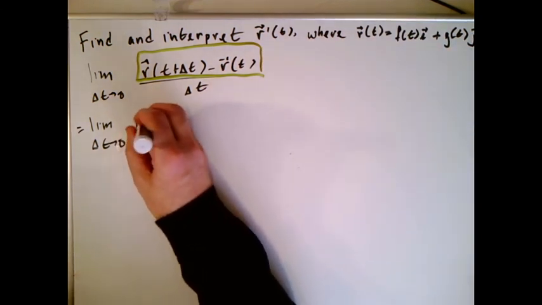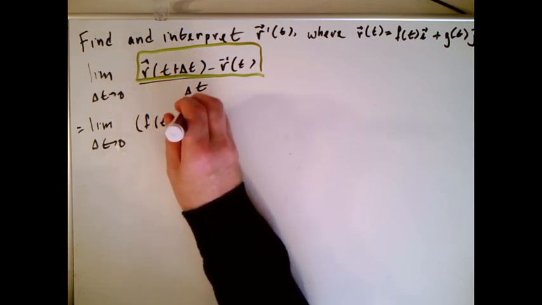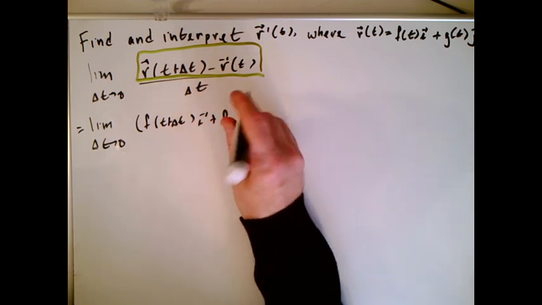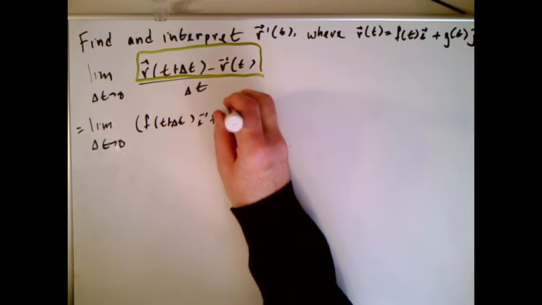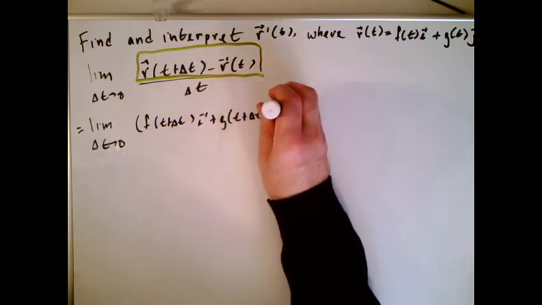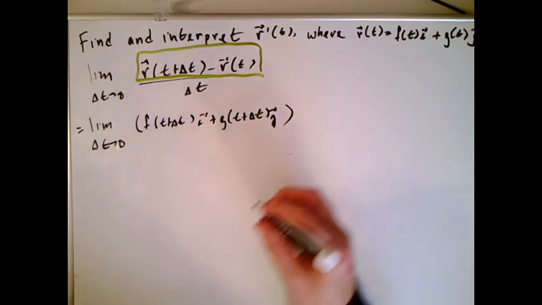So this is going to be f of t plus delta t i plus g of t plus delta t j. Now that's r of t plus delta t. That's the new vector we got.